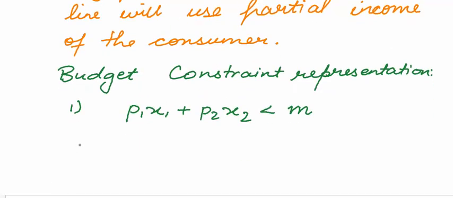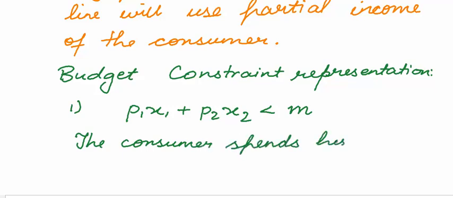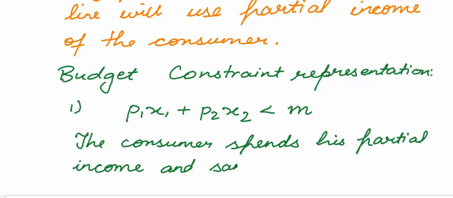In this case, the consumer spends his partial income and saves some part of his income.